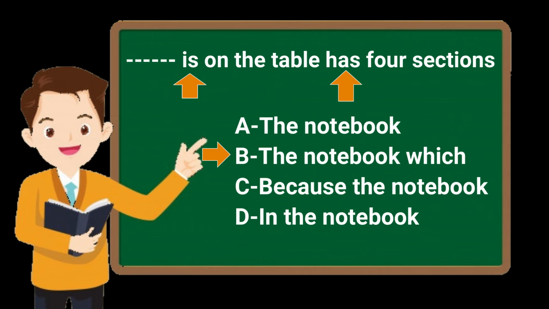The correct sentence should say: the notebook which is on the table has 4 sections. In this sentence, notebook is the subject of the verb has, and which is the subject of the verb is, which is also the connector that joins the two clauses.